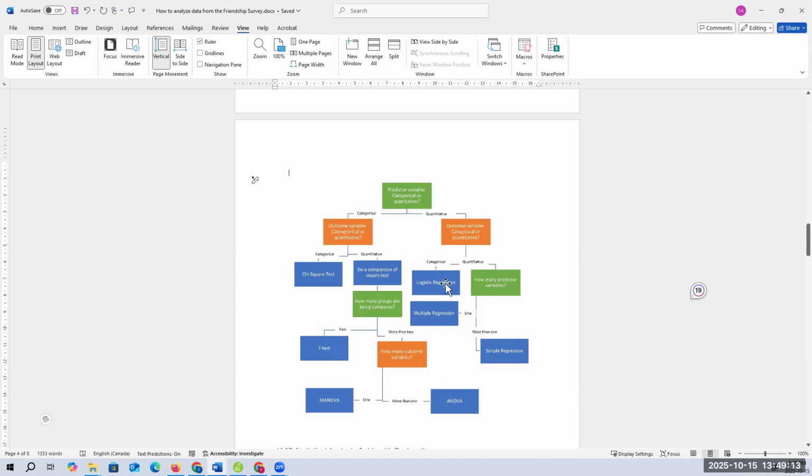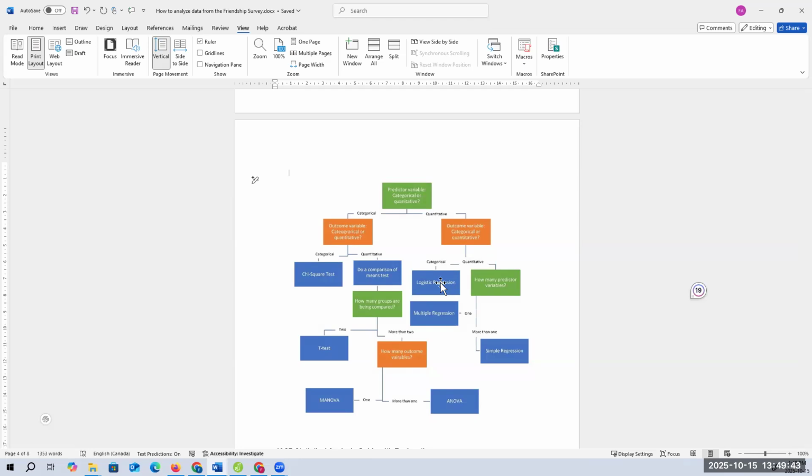So let's say the categorical is year of the student, and also another categorical variable is location of the student. If they live in a residence or at home, that could be two categorical predictor variables. And then the outcome would be GPA. So do those two variables predict, for example, the GPA of the individual?